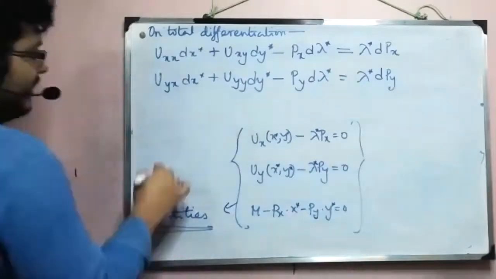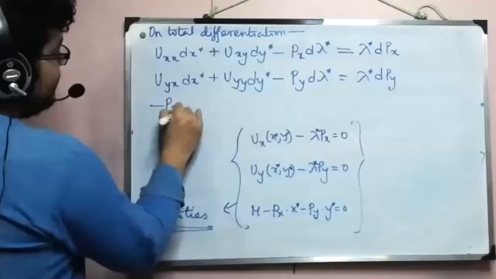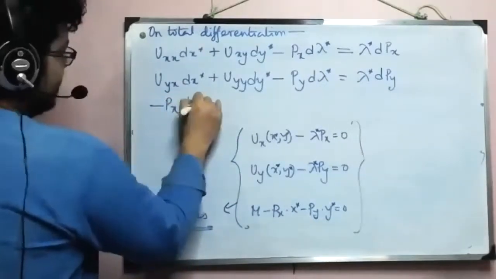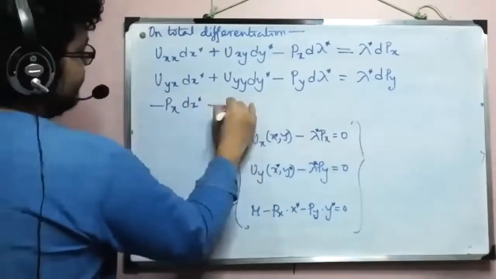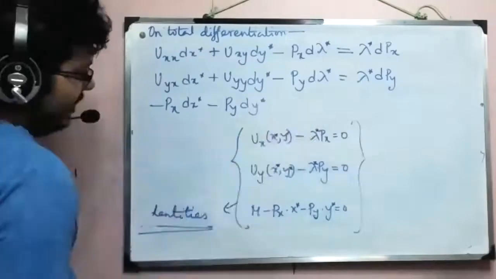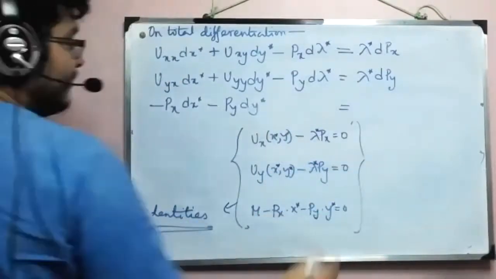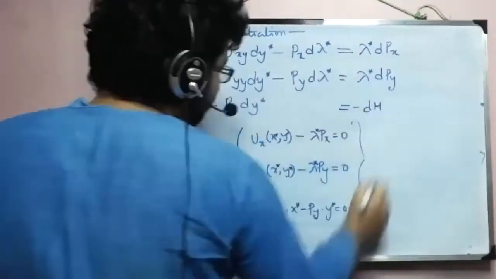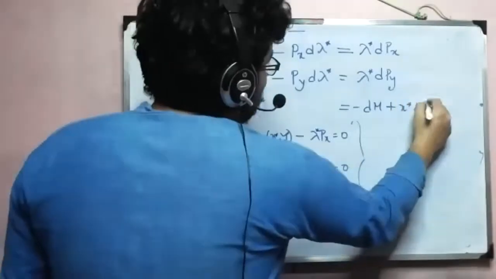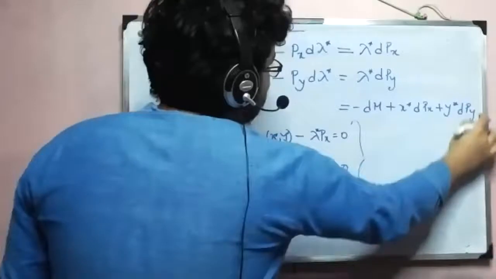In the third, there is no lambda. So minus px dx star minus py dy star, and there will be no component for lambda, right? But here we have 3 parameters, so we'll have minus dm plus x star dpx plus y star dpy.